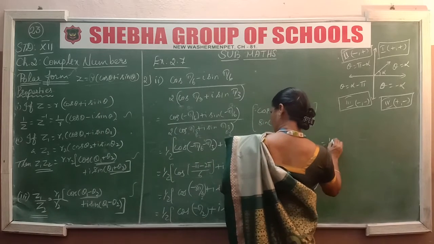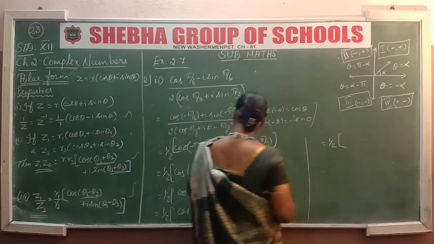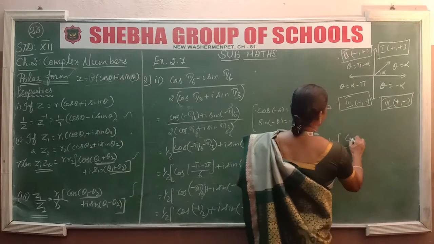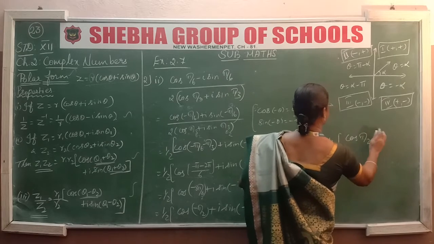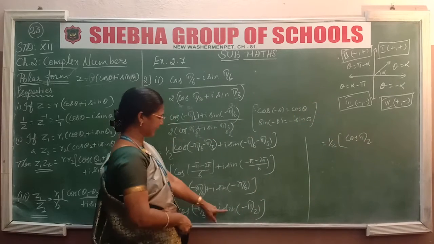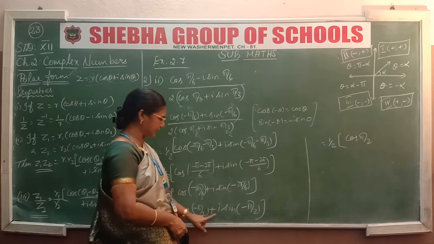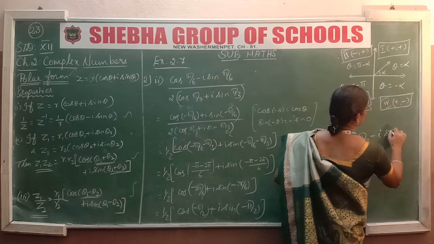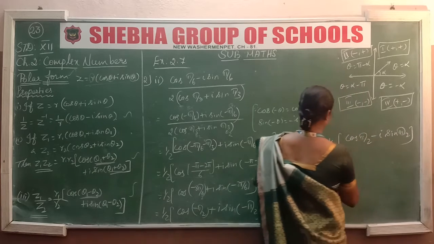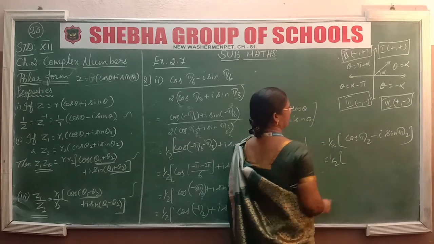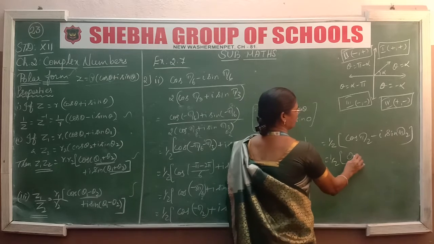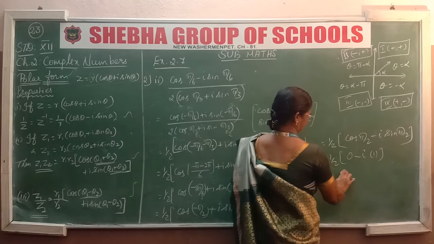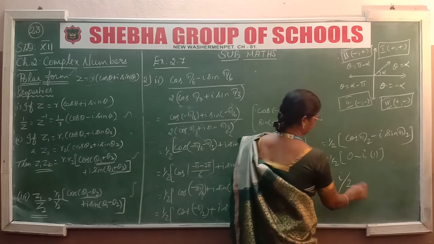This is equal to half into, and listen, cos of minus theta becomes cos theta, so cos pi by 2, and i sin of minus theta becomes minus sin theta, so minus i sin pi by 2. We know the value of cos pi by 2 is 0, and sin pi by 2 is 1. So the answer is i by 2.